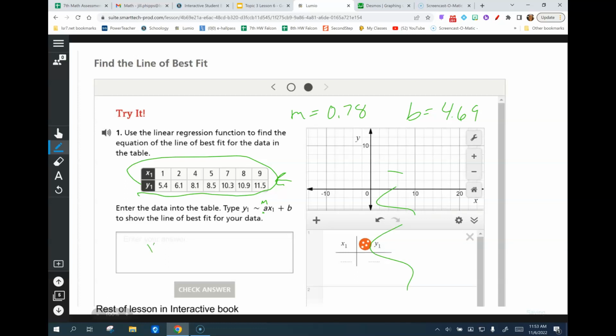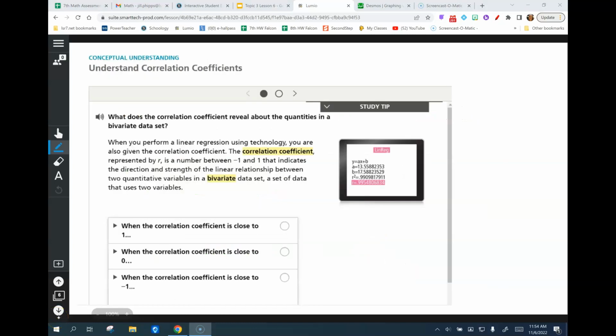So we get y, and our line of regression is going to be y equals 0.78x plus 4.69. Okay, that's our equation. I know it's a lot of work just to get an equation, but that is the most accurate. That's the reason it's called line of best fit. Again, that won't be on your test, but it will be in your future, so it doesn't hurt to learn it. So what will be on your test is this.